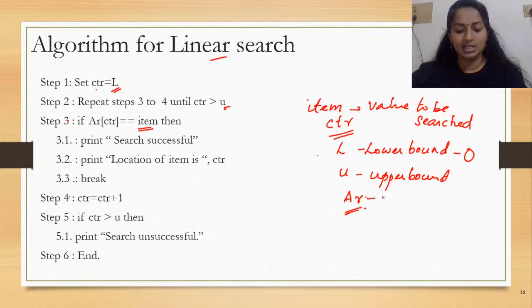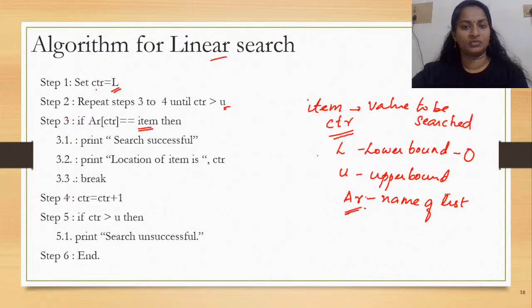And AR is the name of your list. So you're trying to find whether the value in the item is present in AR or not. How do you access each element inside the list?